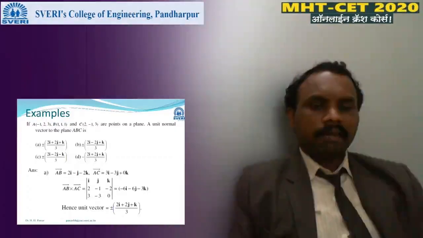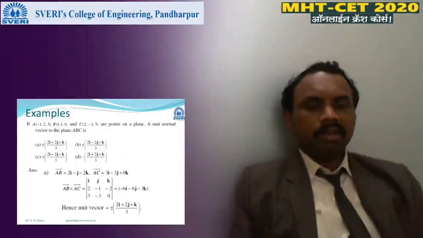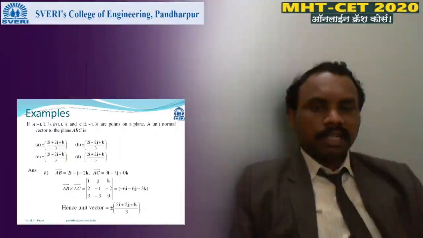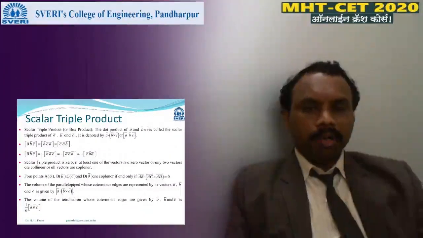Hence AB bar cross AC bar is obtained by using the determinant i, j, k, 2, minus 1, minus 2, 3, minus 3, 0, which gives us minus 6i minus 6j minus 3k. Hence find the modulus of AB bar cross AC bar, and for the unit vector, AB bar cross AC bar divided by modulus of AB bar cross AC bar gives us 2i plus 2j plus k divided by 3, that is option A obviously. Next we will see the scalar triple product.